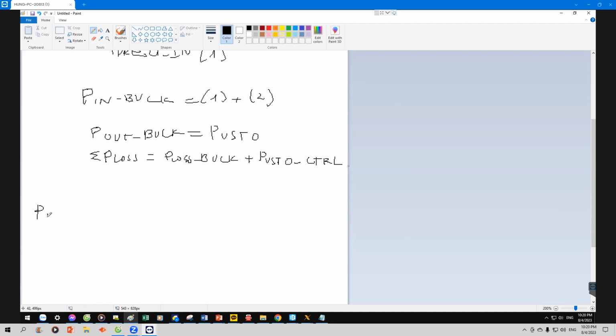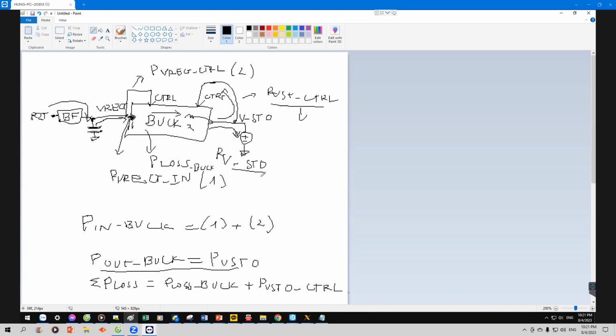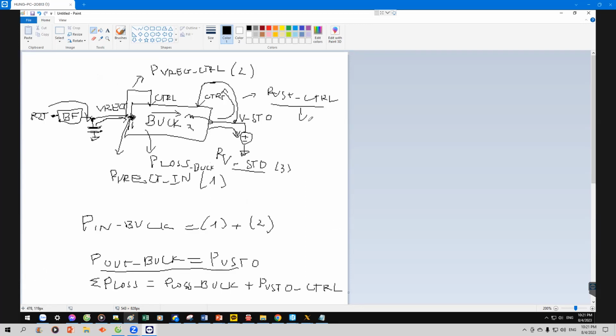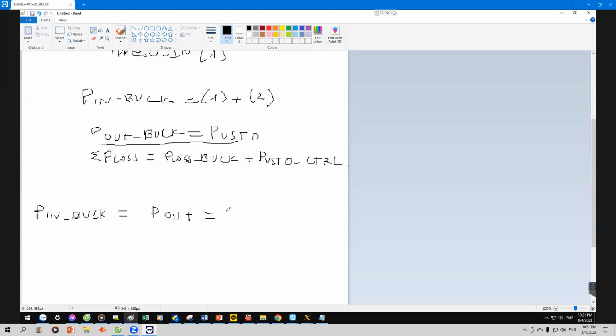P in, power balance, right? P in will equal P out. It will equal this: PV store equals 3, PV store control equals 4, and P loss buck will be 5.